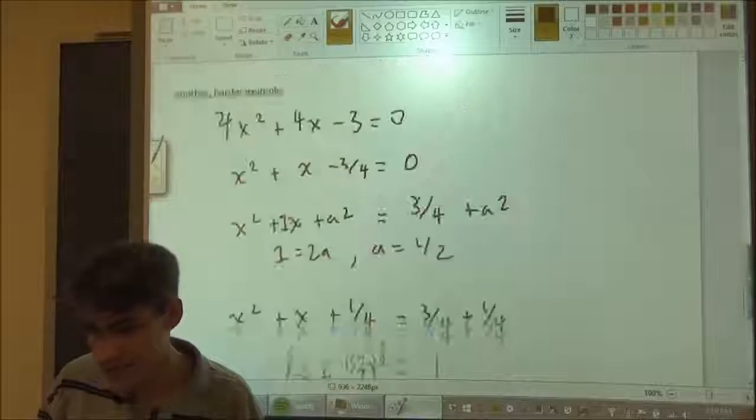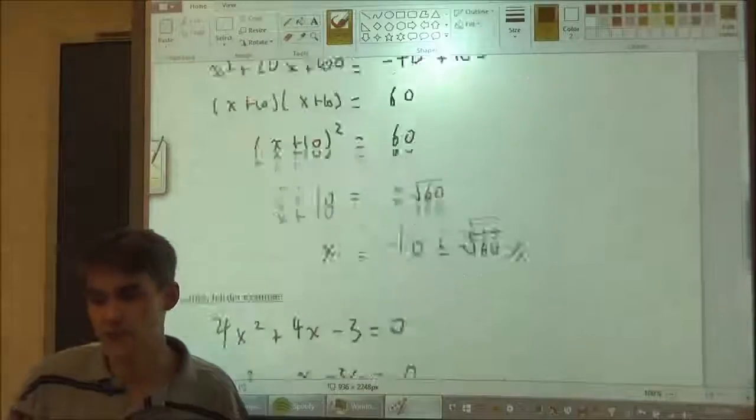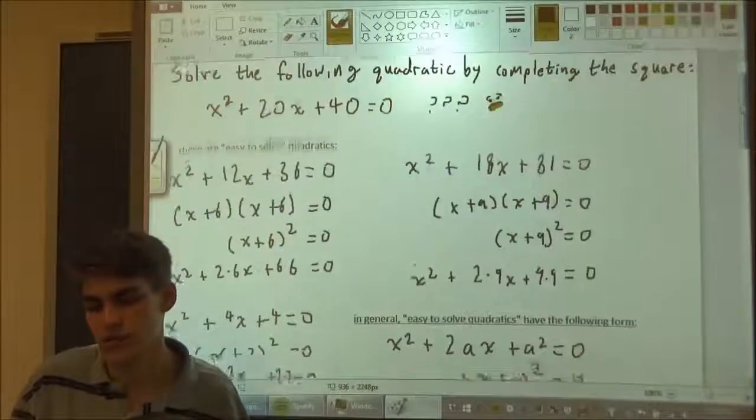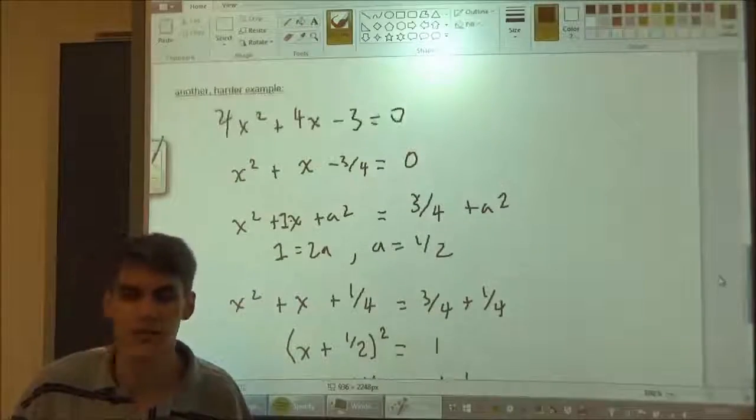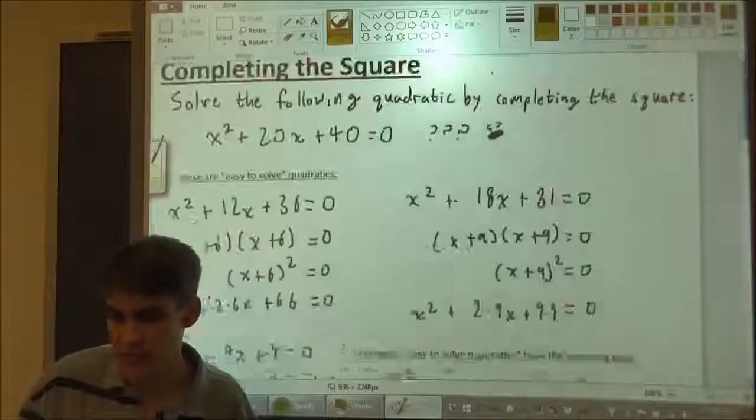So we've taken something that looks pretty difficult to solve, and we've used our knowledge of easy to solve quadratics to force it into an easy to solve quadratic and then solve from there. So this is completing the square.